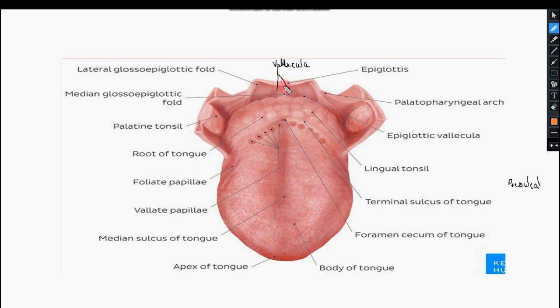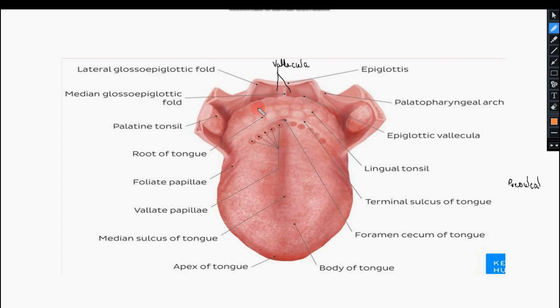Clear? And on the side of this median epiglottic fold we see the epiglottic vallecula, on both sides. Now we will try to understand the two surfaces of the tongue.